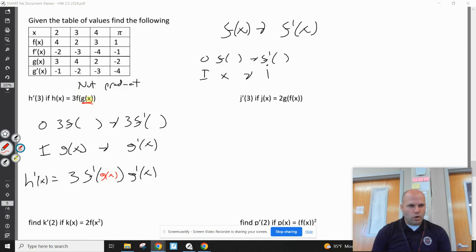Now, how do we work with this? H prime of 3 is 3 times F prime of G of 3 times G prime of 3. This is not a product again. We need to find G of 3 and then don't multiply by F prime of 3. Just find F prime at that value. Let me show you. G prime of 3 is negative 2.